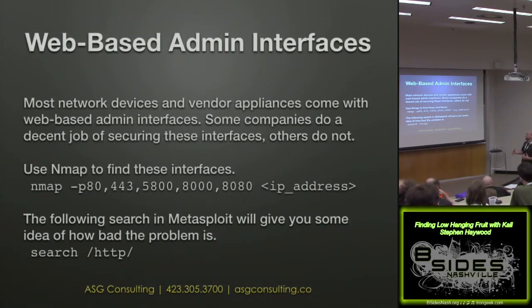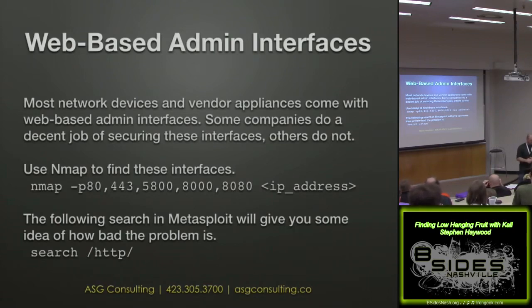So what we're looking for in this particular case is web-based admin interfaces. Your typical admin interfaces are going to run on port 80, 443, 5800, which is a VNC web-based deal, 8000, 8080. Okay, so we can scan for these particular ports using Nmap and then check those interfaces out for particular vulnerabilities.